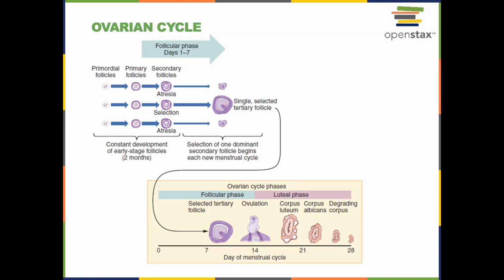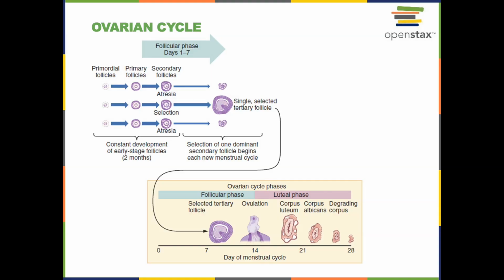During the follicular phase, at the beginning of the ovarian cycle, secondary follicles are maturing into tertiary follicles. And those tertiary follicles compete to become the dominant follicle. Only one of these tertiary follicles will be selected to become the dominant follicle.